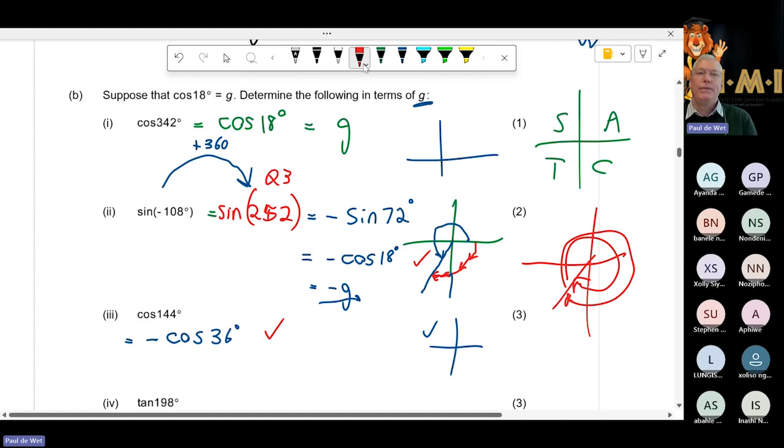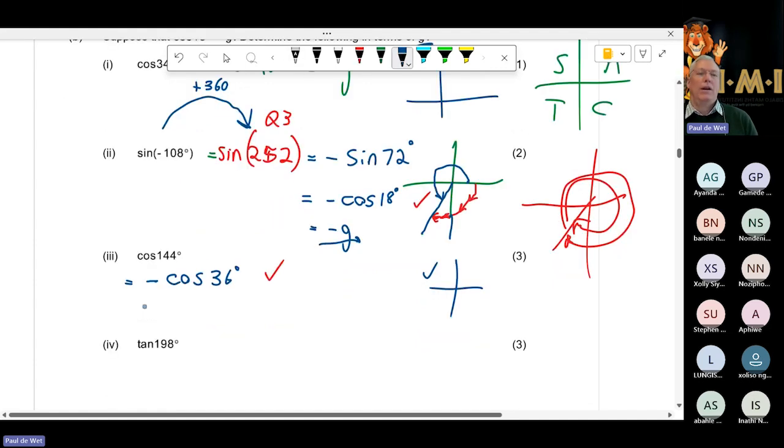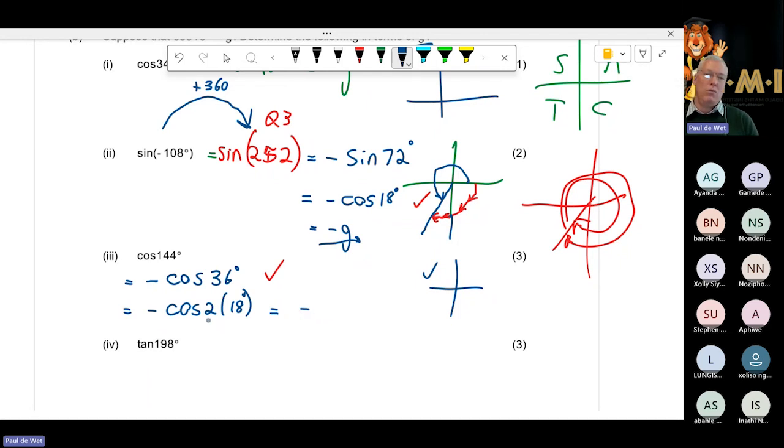Now what? We know that the end says cos 2 beta. Well done. When we halve 36, we get 18. So the answer is negative 2g. Okay, it won't be negative 2g. You've done very well so far. There are 3 different formulas for cos of 2 things.